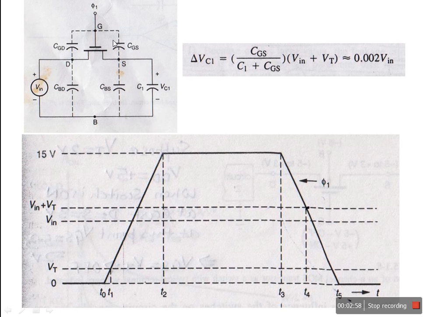Now the voltage at gate source terminal is VG minus VS. VG has reached V in plus VT, and voltage at source is V in. So the difference is V in plus VT minus V in, that is VT. Again the gate source voltage has reached VT. So when VGS is equal to or less than VT, the transistor will be in off condition.